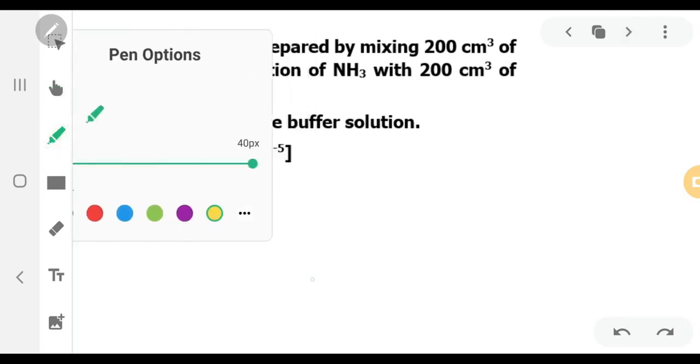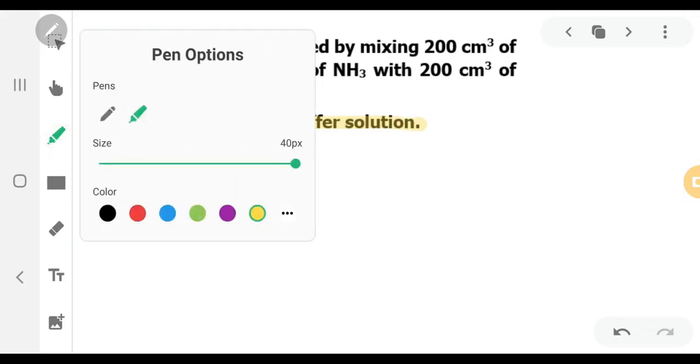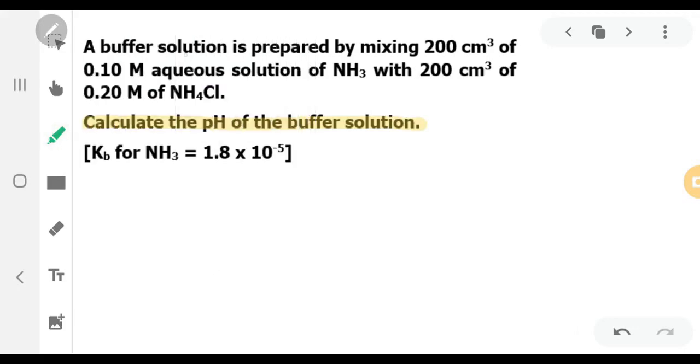Right here, the question wants you to find out what is the pH of the buffer solution. When you read the question from the top, the buffer solution that we have here is a basic buffer solution.